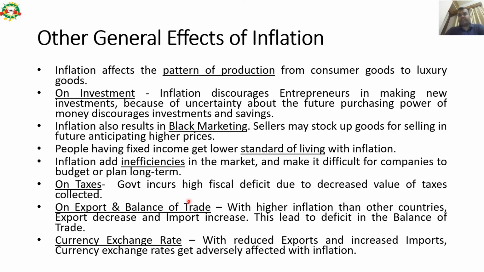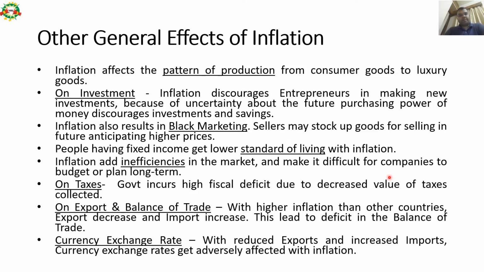Inflation adds inefficiencies in the market and makes it difficult for companies to budget or plan long term. So if the company has planned say 100 crore rupees of investment till March next year, but with that 100 crore rupees of investment, the purchasing power has come down.